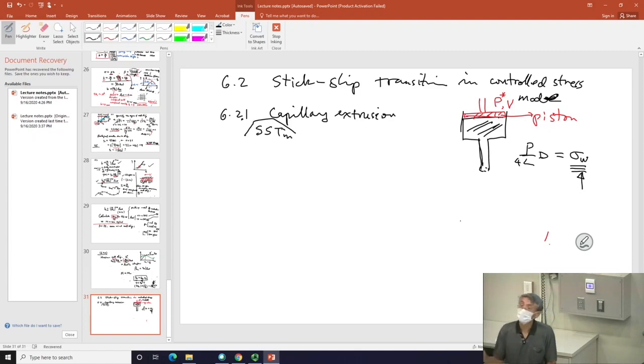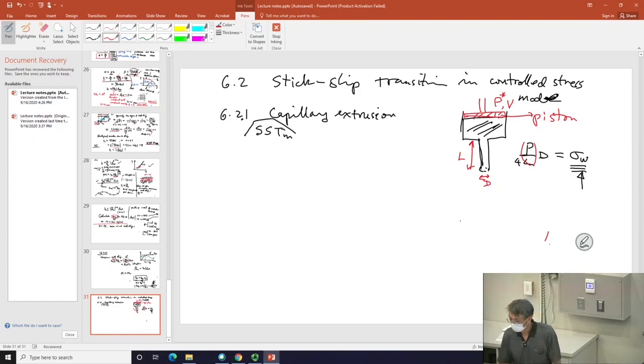So this goes back to when I was reviewing the capillary rheometry details. There was a formula saying that the wall stress is related to the pressure gradient. This is the length of the die. D is the diameter of the die. Remember, pressure has the unit of stress, force per unit area.